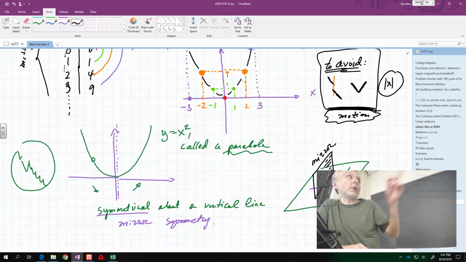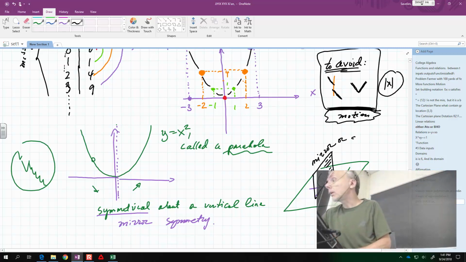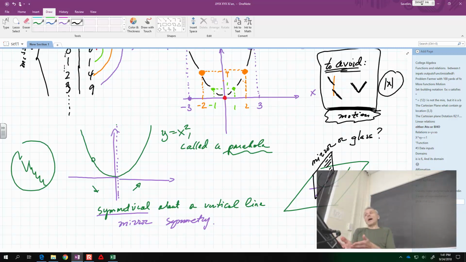So there is something standing there, which looks like a mirror or maybe glass. Am I seeing through the glass, or am I seeing the reflection in the mirror? It doesn't matter. It looks exactly the same. So that's the mirror symmetry.